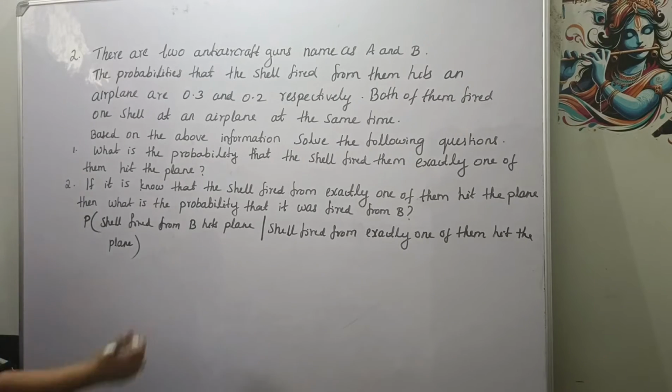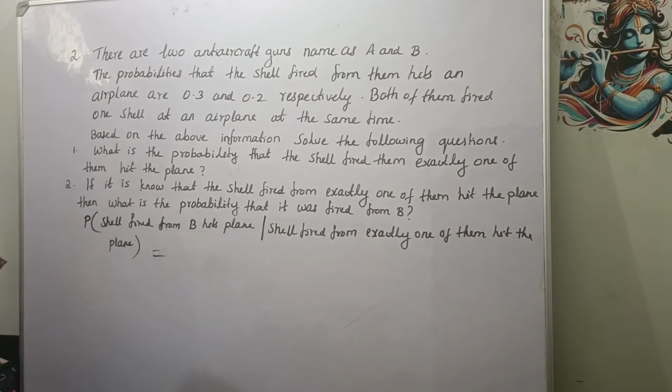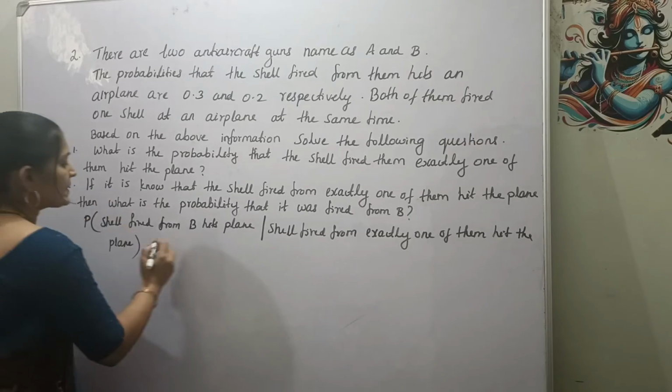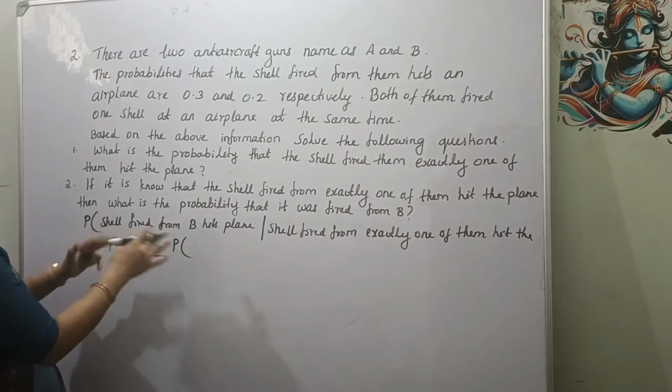Okay. It is equal to, that is probability of A given B. We know that probability of A given B is equal to probability of A intersection B divided by probability of B, right? Here, see what is the intersection of these two events?